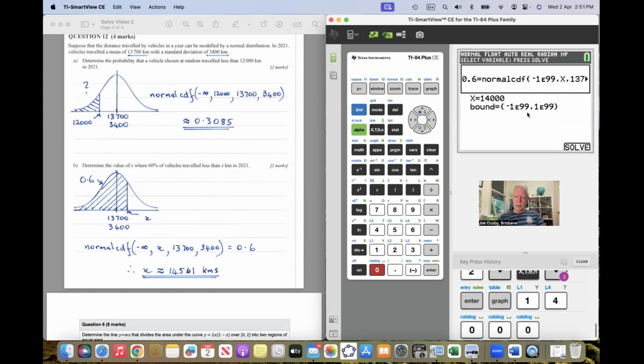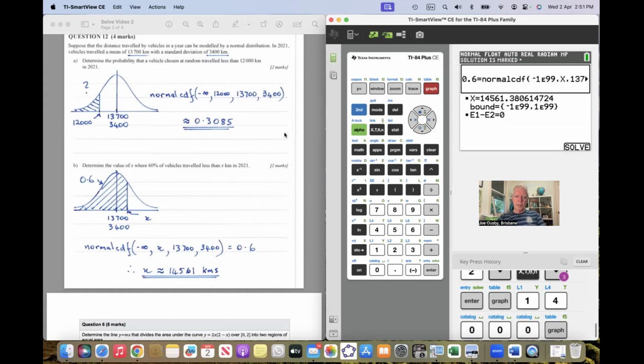Now, if I calculate that, then it comes back and says 14,561. At this stage, I'm not giving decimal places because this is not a probability. This is actually a calculation of the distance in kilometers. And so in my answer, I'm putting kilometers.